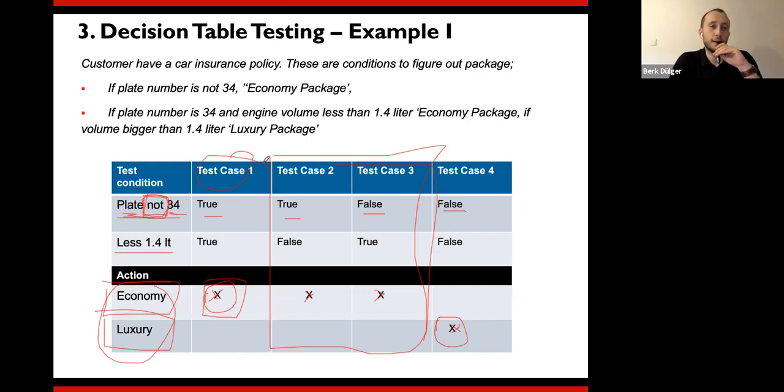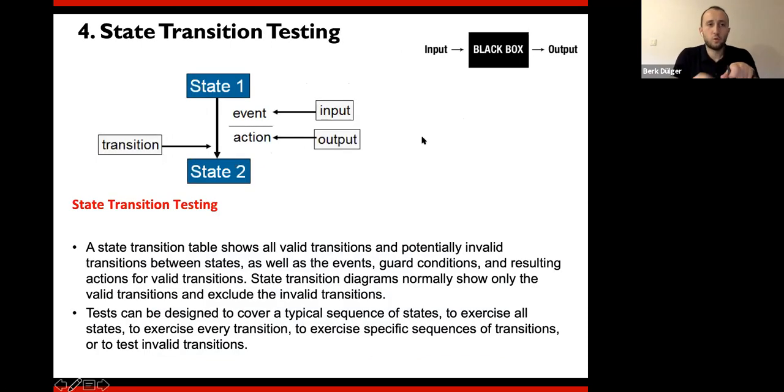Okay. And this was the third black box test design technique. I move to the fourth one, state transition testing. In the previous technique, I mentioned a little bit about state transition. It is very suitable for embedded systems, because if you like to use this technique, we need to define the system from beginning to end.